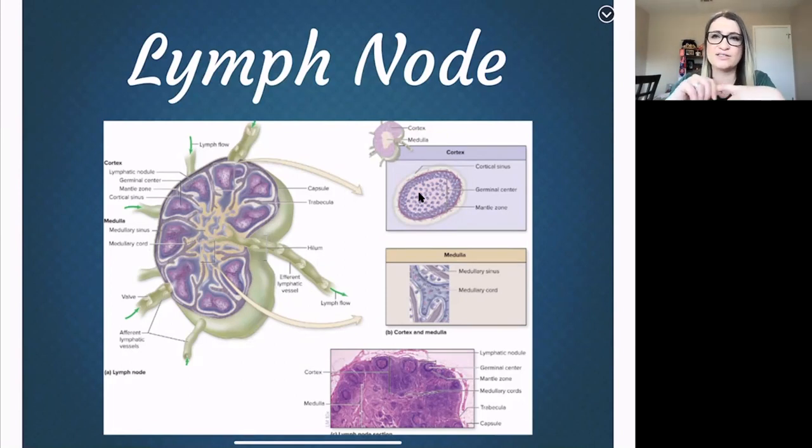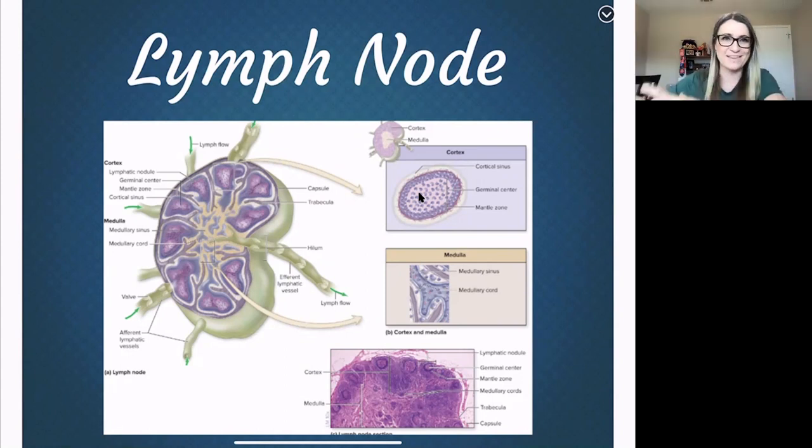The germinal center is going to have your proliferating B lymphocytes. So let's say that this lymph node detects some kind of a pathogen. There's going to be a series of signals, and they're going to tell the B lymphocytes in that germinal center to start multiplying a certain way. And these are going to be specially designed B lymphocytes against that pathogen that has been detected.